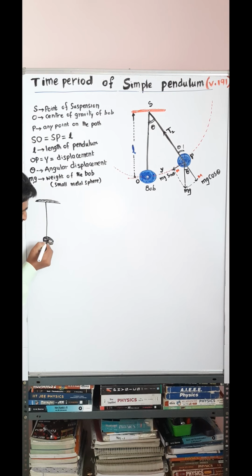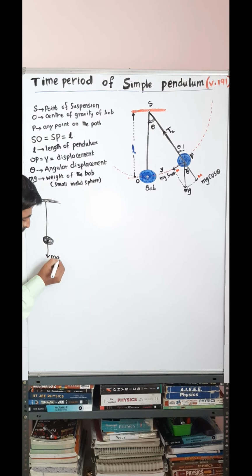The weight of this simple pendulum is acting vertically downward. Weight is represented by mg, where m represents the mass of the sphere and small g represents the acceleration due to gravity. Now this is the cotton thread.